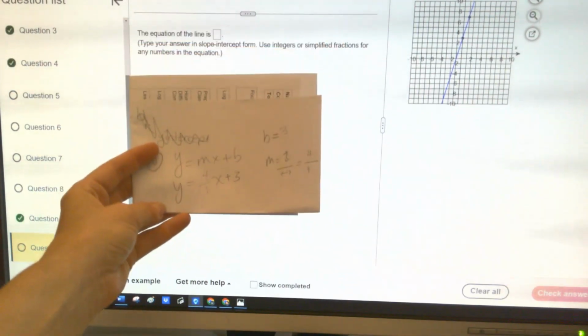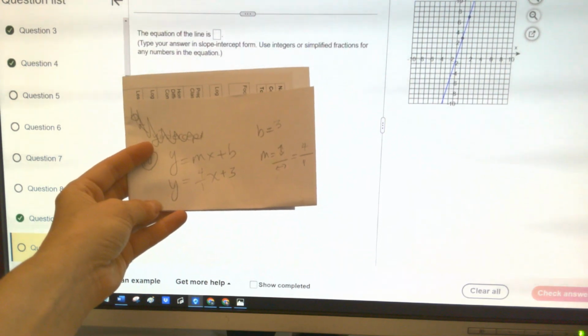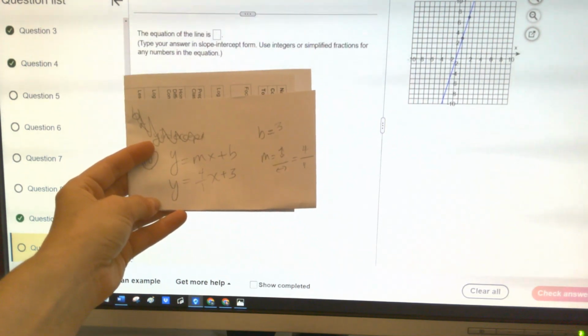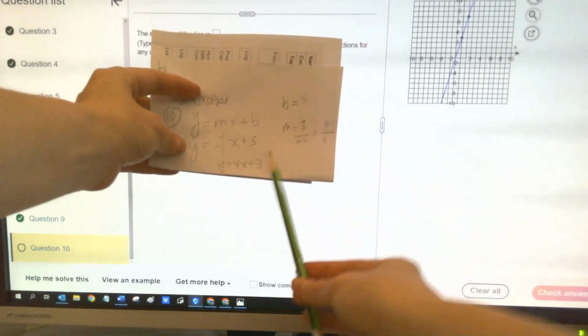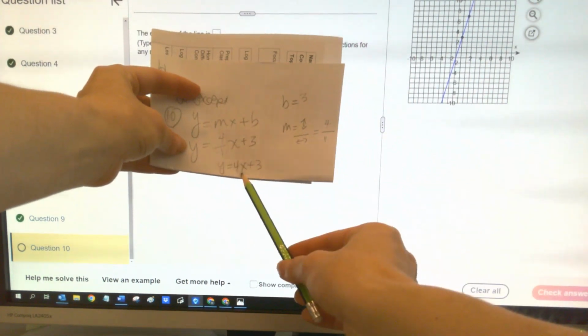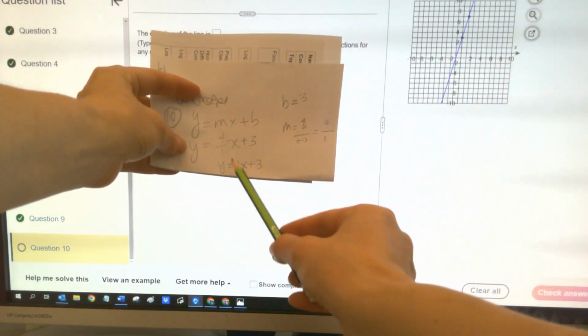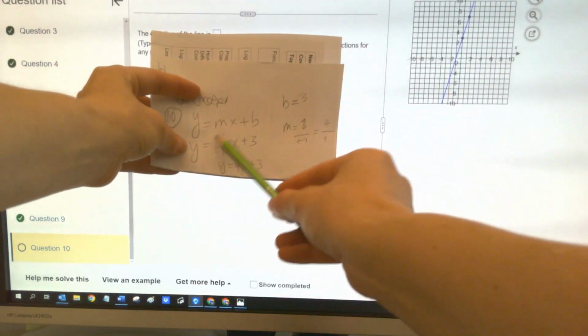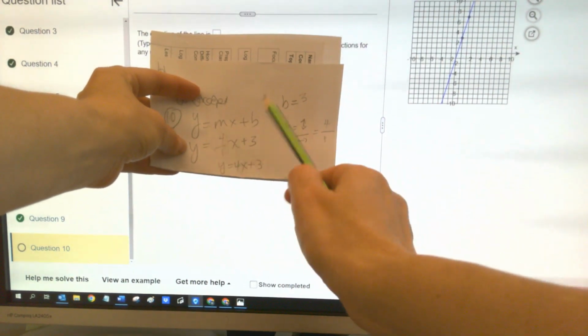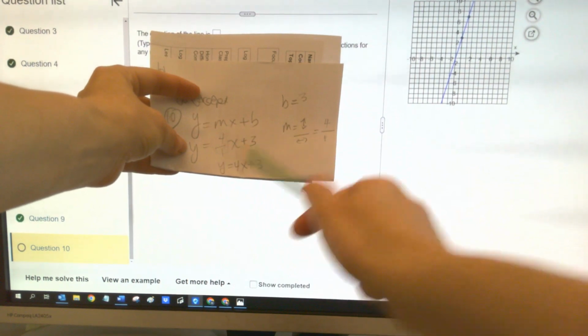But my math lab, if I have something over 1, I need to make it more simple. I need to change it to just a 4. See how 4 over 1 is the same as 4? So when you put this into the computer, make sure it's y equals 4x. Don't put the fraction because my math lab doesn't like that, because we can make it more simple.